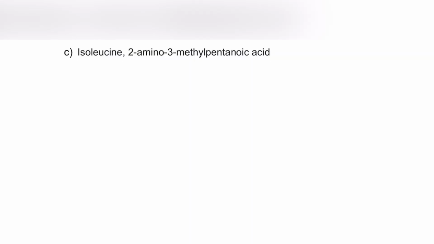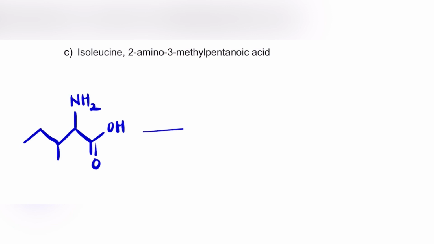Next we have isoleucine. The isoleucine structure is the same as we drew before. It's pentanoic acid, so draw the pentanoic acid with 5 carbon atoms. At the first carbon you have double bond O, OH. At the third carbon you have methyl. At the second carbon you have NH2. So this is your structure. Next we do the proton transfer.